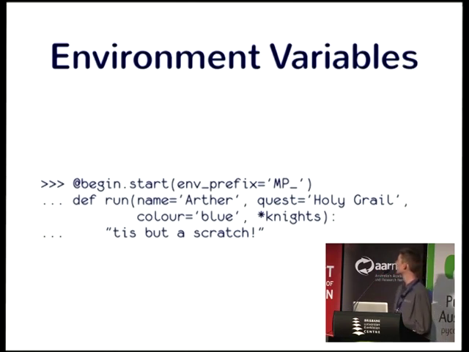Or, alternatively, I could use the environment and pass MP underscore NAME, all in uppercase. And that would go through and set the option from the environment. You can still use the command line, it will override. But in this case, if you're working with a platform as a service or another environment, you can optionally set it to come in from your env instead.